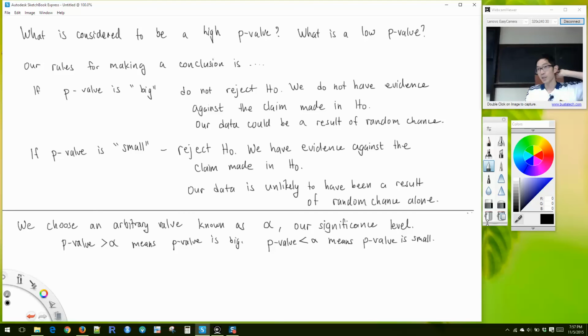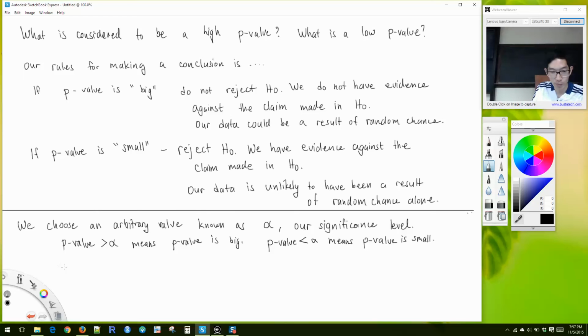Just over the course of time, studies have been done to see what is the correct choice of alpha, and there's no definitive conclusion, but over the course of time, the accepted value for alpha is 0.05.